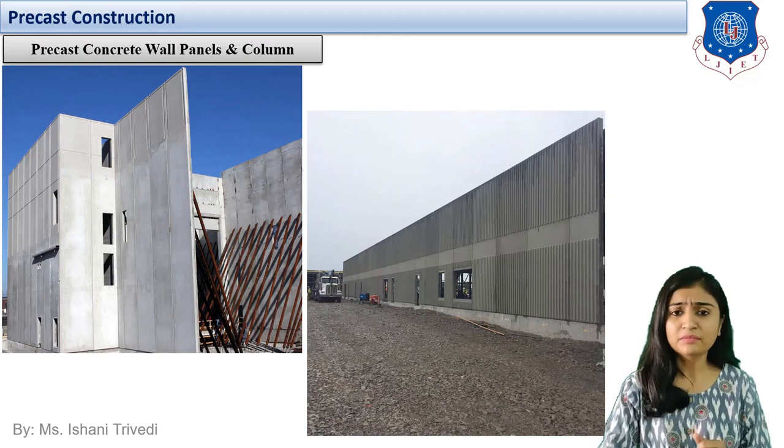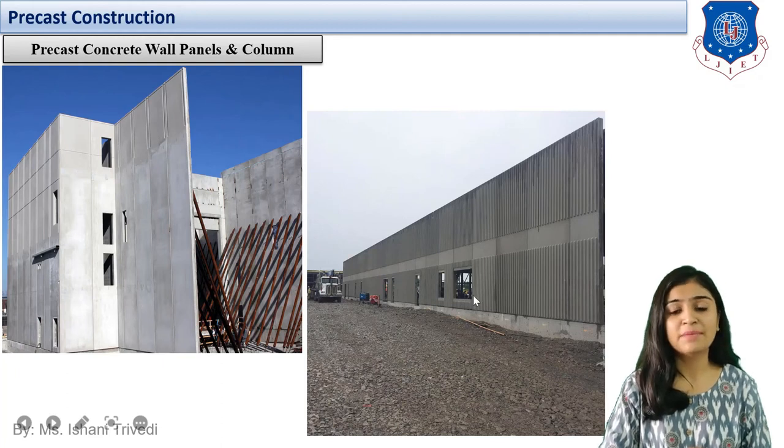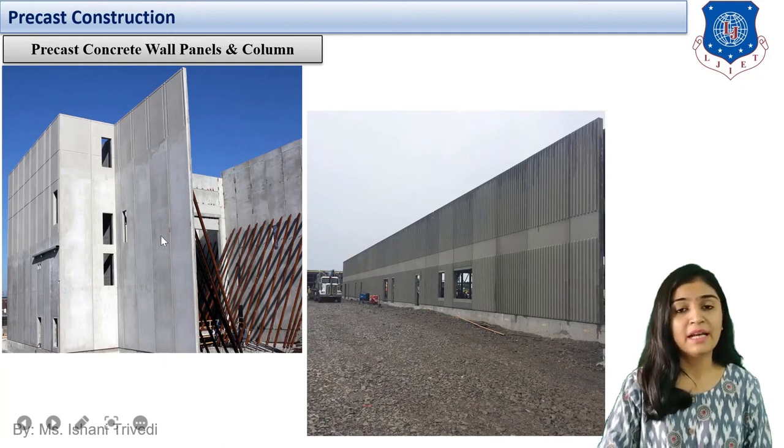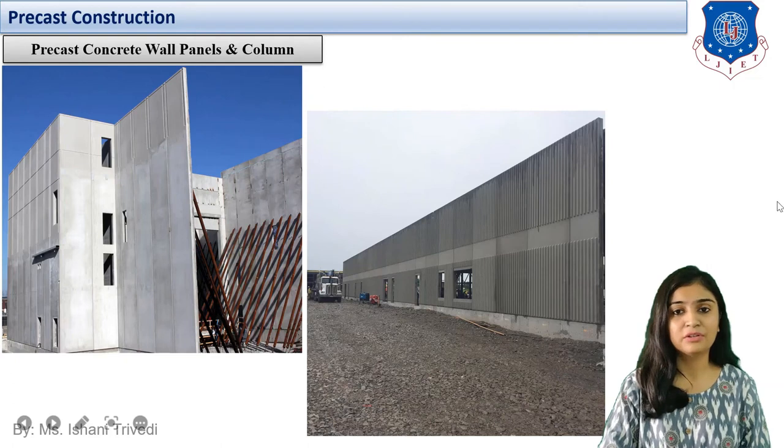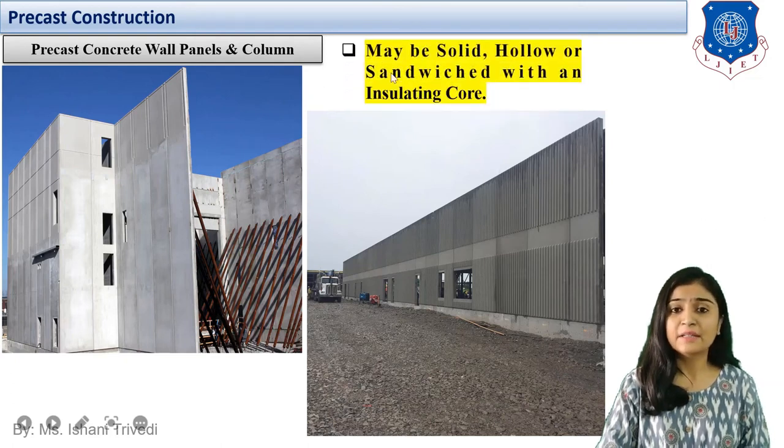So over here, the openings for the doors and windows will be left, and this is how your wall panel construction will be made, and it will be placed directly on the site. It can be solid, it can be hollow, or it can be sandwiched with an insulating core.